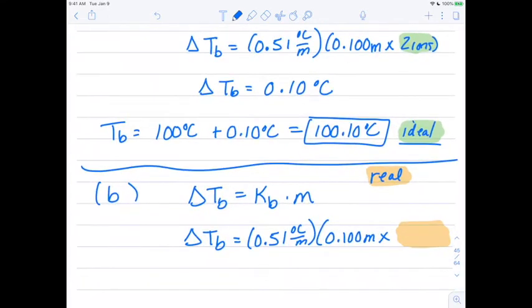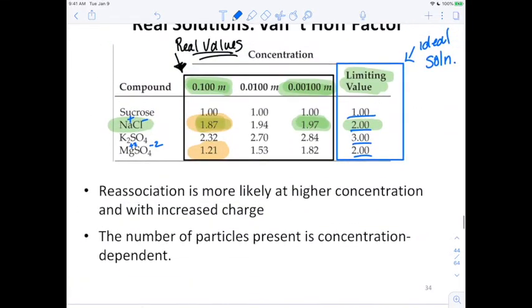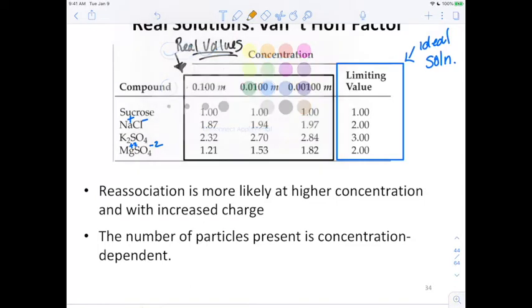Now what we're going to do is look up our MgSO4 for 0.1 molar. Let me get some of this out of our way. All right, so here's our MgSO4, 0.1 molar. And now I'm not going to use 2, I'm going to use 1.21.